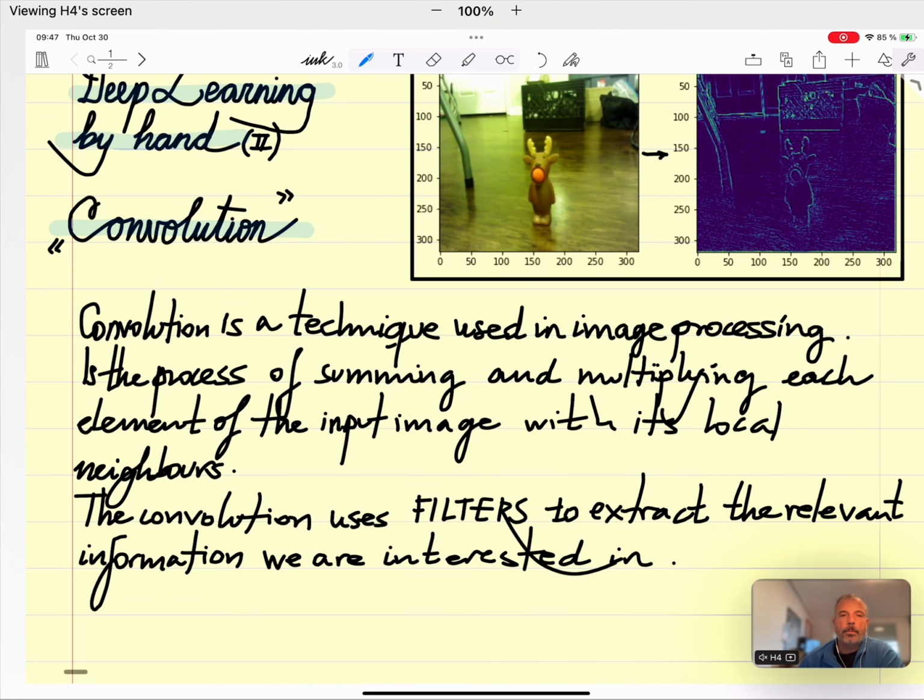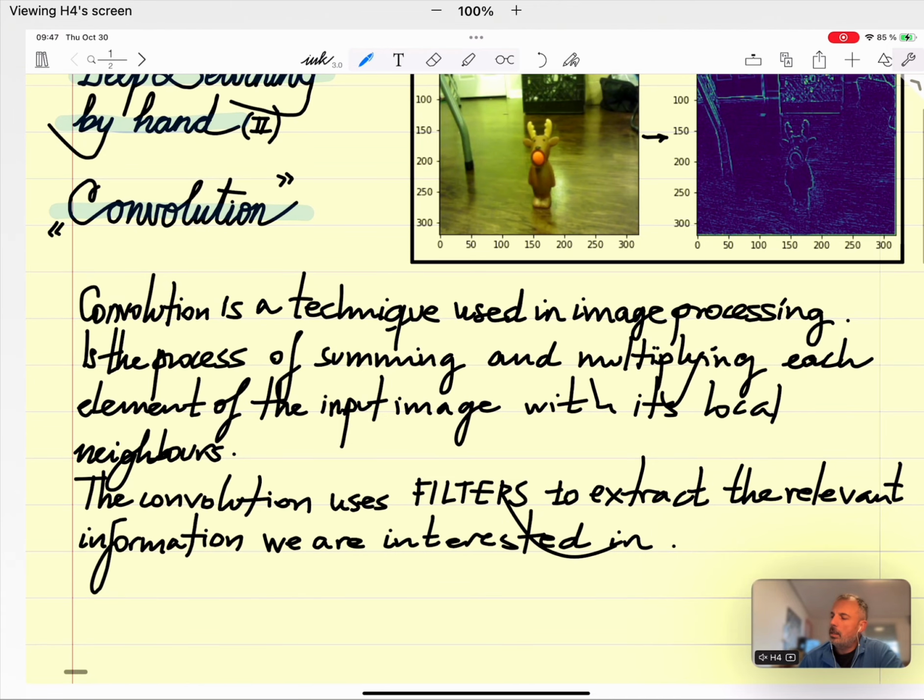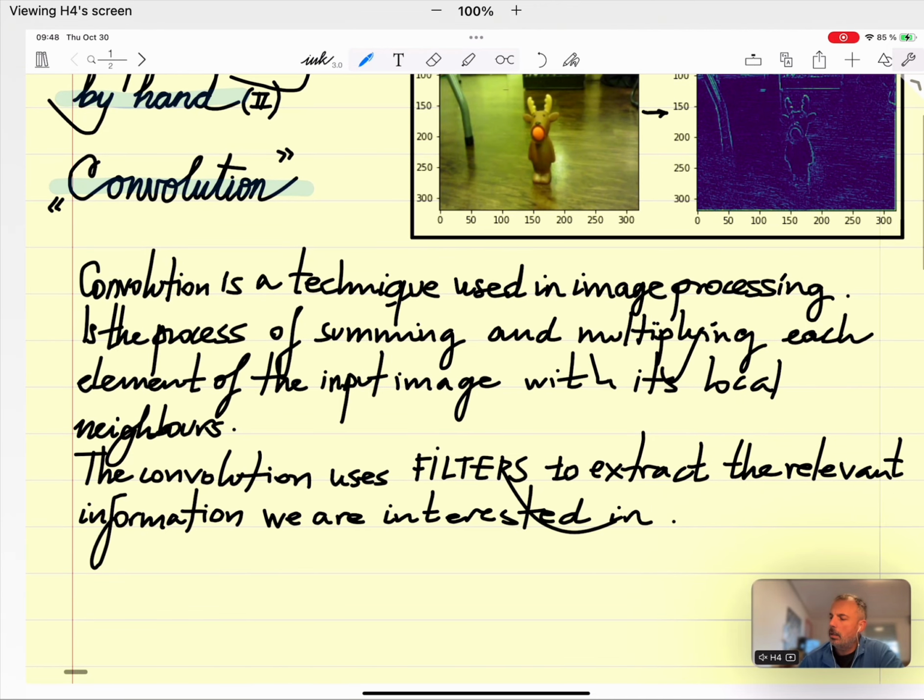These filters have a name and are called kernels.